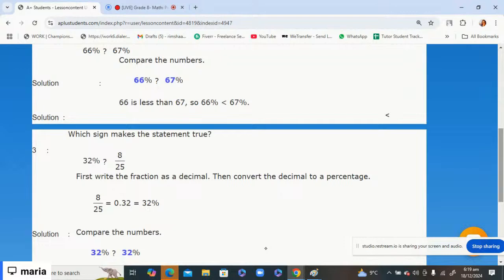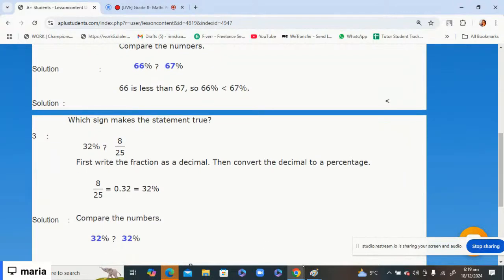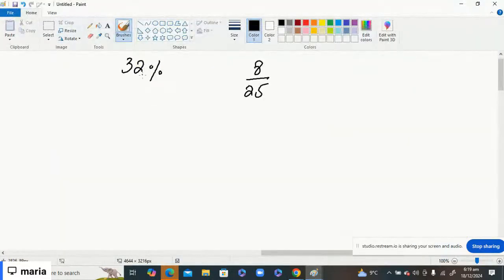There is a question, 32% or 8 over 25. First of all, convert this fraction to the decimal and then decimal to percentage. Okay, 32% still the same thing. 8 by 25. First of all, convert this fraction to the decimal.